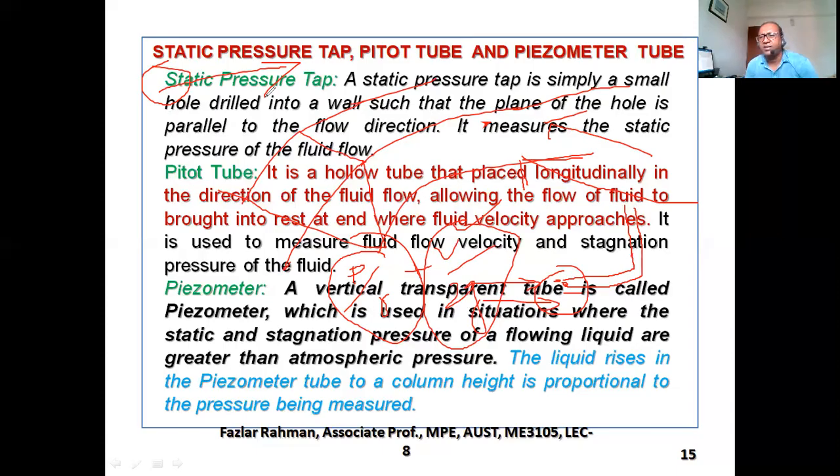So it's the same thing in the fluid. In any region where you stop the fluid flow, there will be an increase of pressure. How much the pressure is increasing, we can measure with the pitot tube. And not only pressure, by using the pitot tube you are also able to measure the velocity of the fluid.